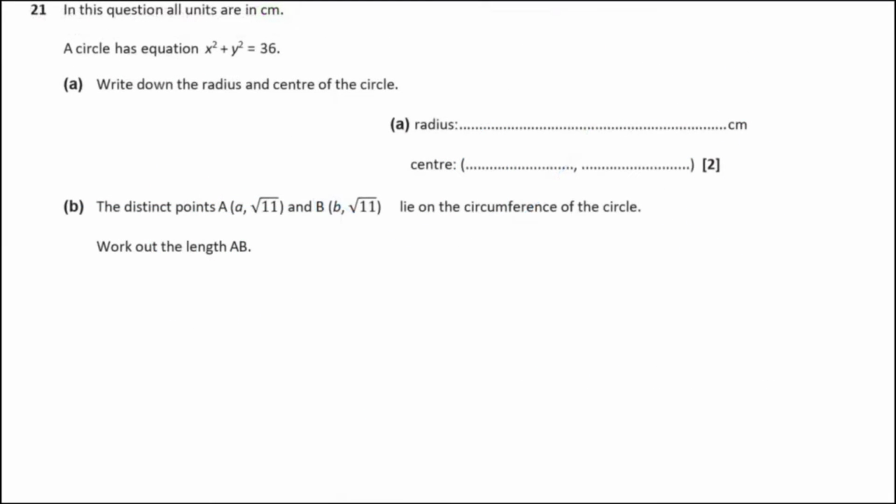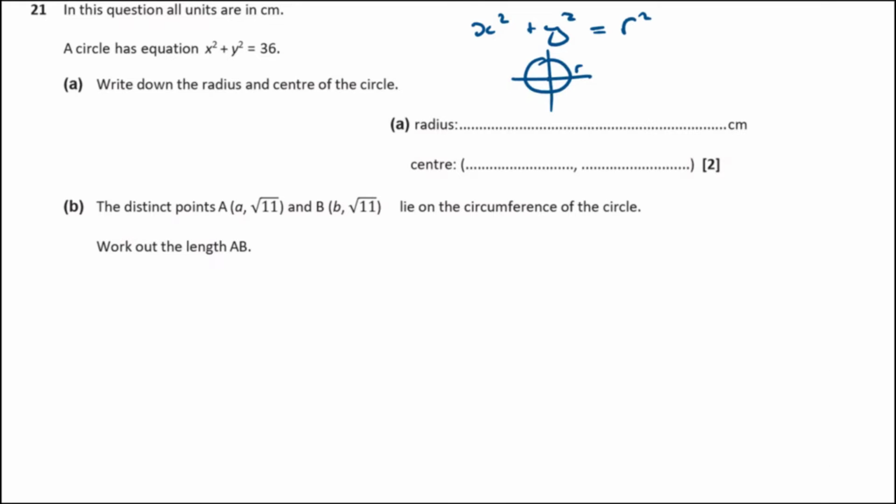Question 21. In this question, all units are in centimetres. A circle has equation x squared plus y squared equals 36. Write down the radius and the centre of the circle. Okay, well, anything of the form x squared plus y squared equals r squared is going to be a circle centered on the origin of radius r.